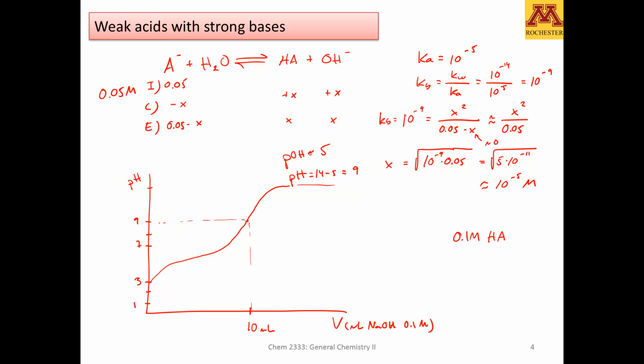So different things change compared to the titration of a strong acid. One, the initial pH has to be calculated using the ICE table for the acid, using Ka, and two, at the equivalence point, this needs to be calculated using the ICE table using Kb. The concentration has been diluted by half because we have added the extra volume.